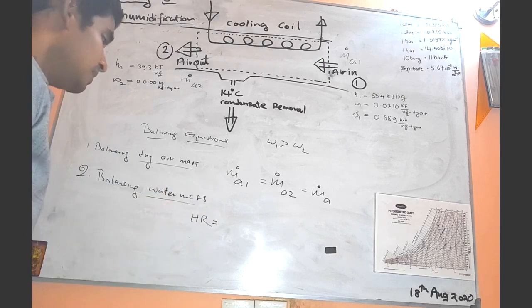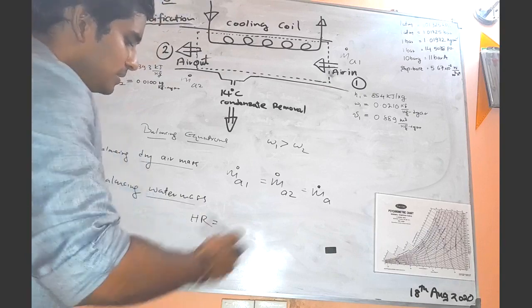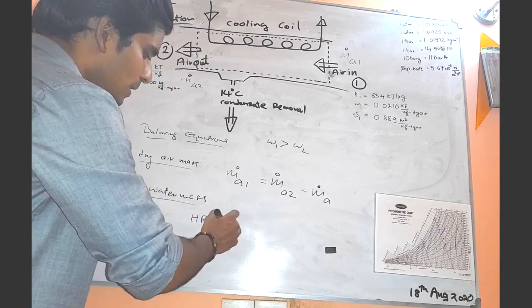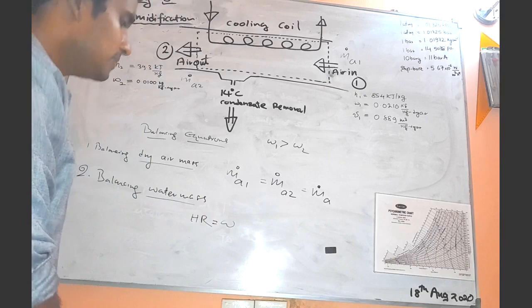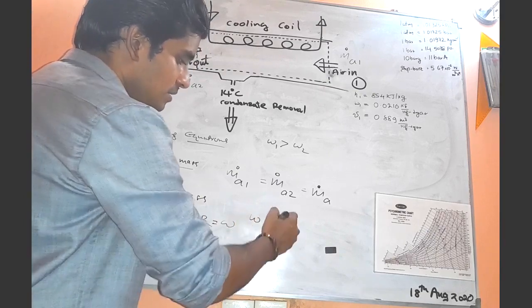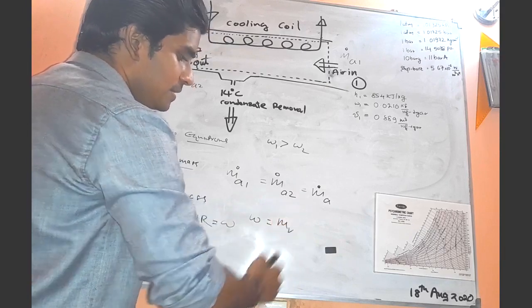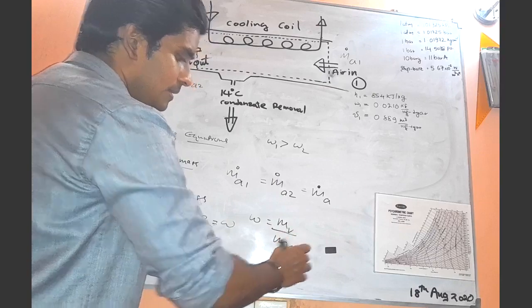For humidity ratio there is a special symbol called omega. So we can say that omega equals the amount of water vapor, mv, divided by ma.